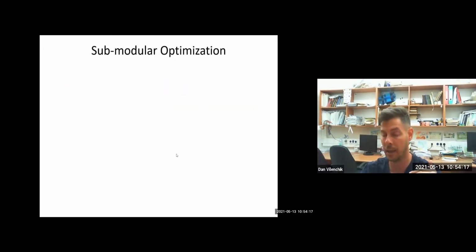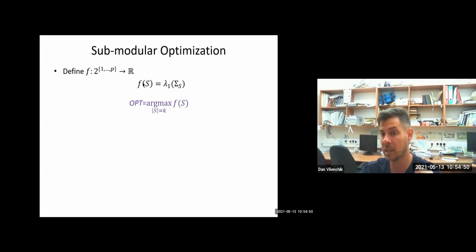And the inspiration comes from the following very simple greedy algorithm for submodular optimization. So you can think of PCA, of sparse PCA, as the following problem. You have a mapping between subsets of features and R. Every subset of features, you can map it to the explained variance on the k by k submatrix induced by those features.